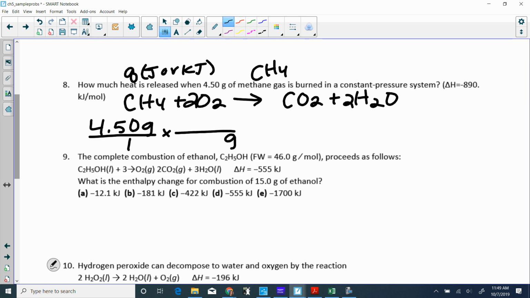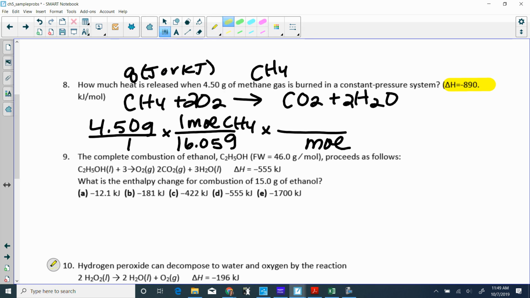Grams on top means grams on bottom. Methane is 16.05 per 1 mole. Due to time, I will not make you push buttons on that. Moles on top means moles on bottom.